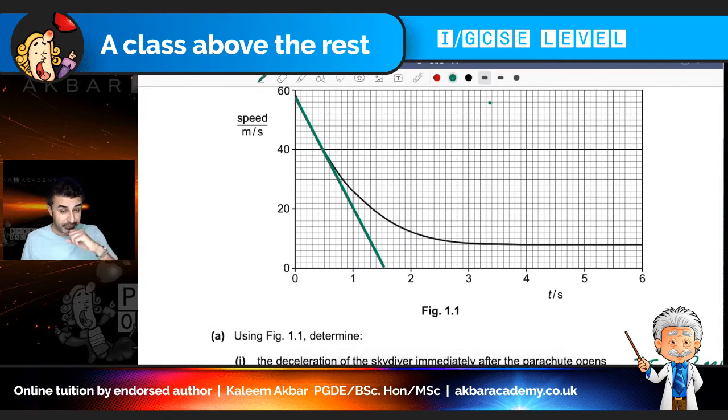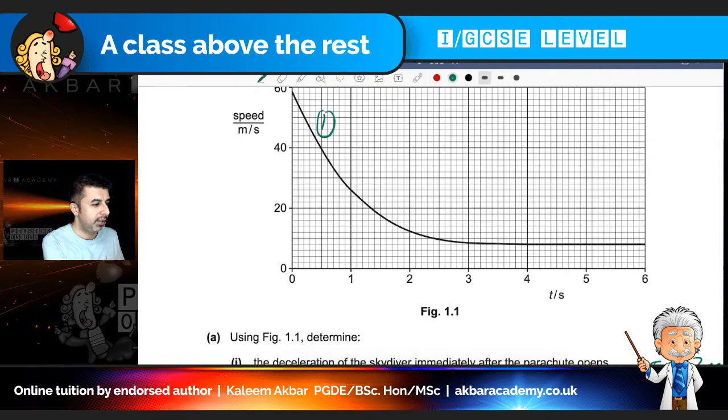So look, if we look at the first 6 seconds, let's split this up into 3 sections, if you like. Let me rub this out so it's nice and clear. Let's call the section number 1, right at the top. Let's call this number 2. And let's call this number 3. This is for your clarity. Okay, you can do this in an exam, but it's more for you.